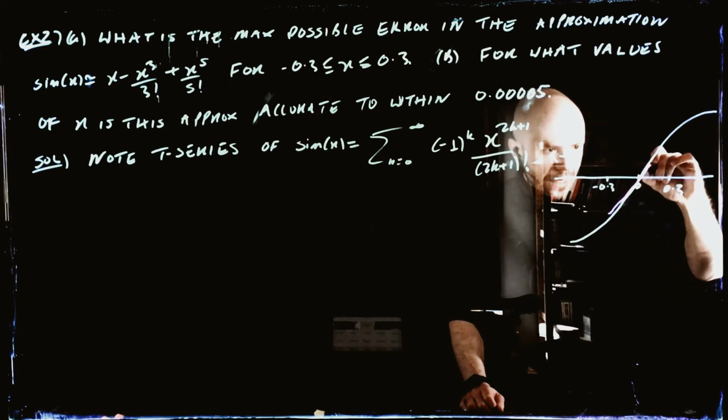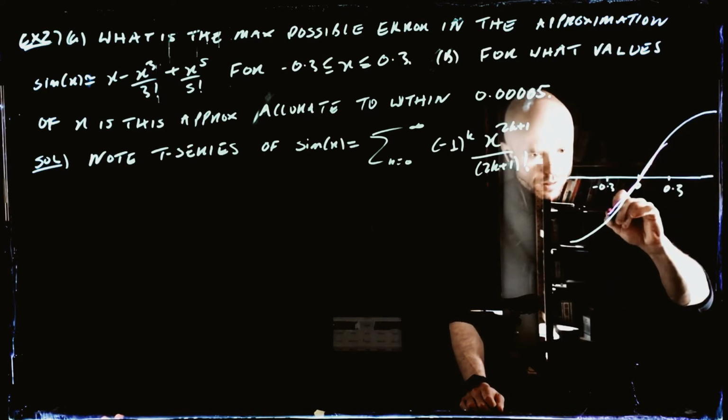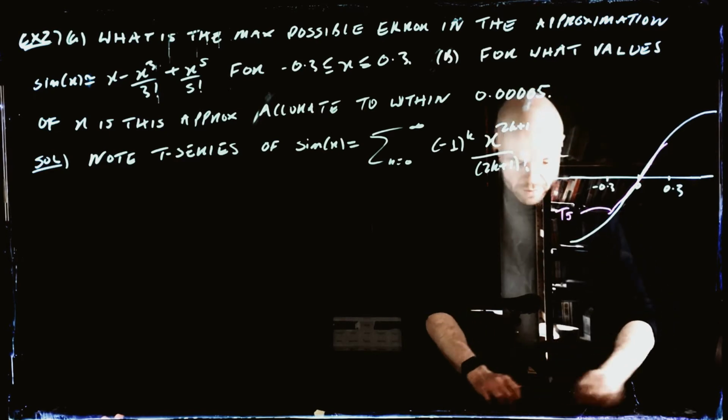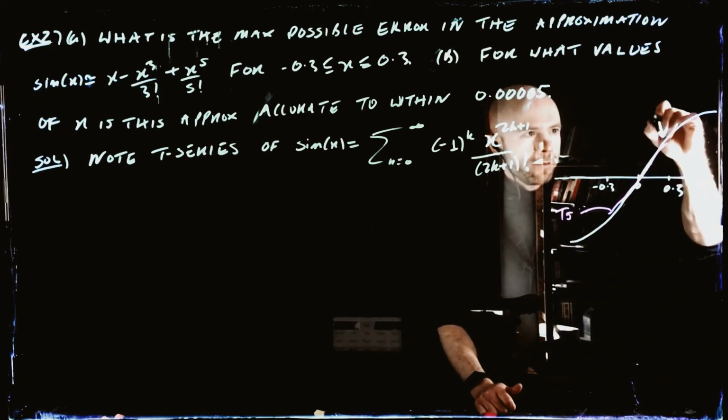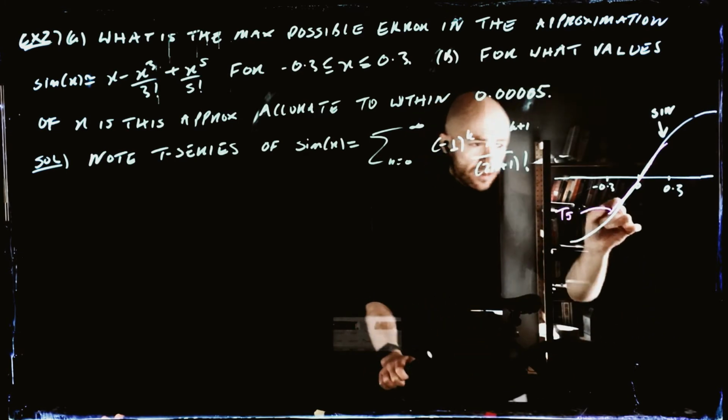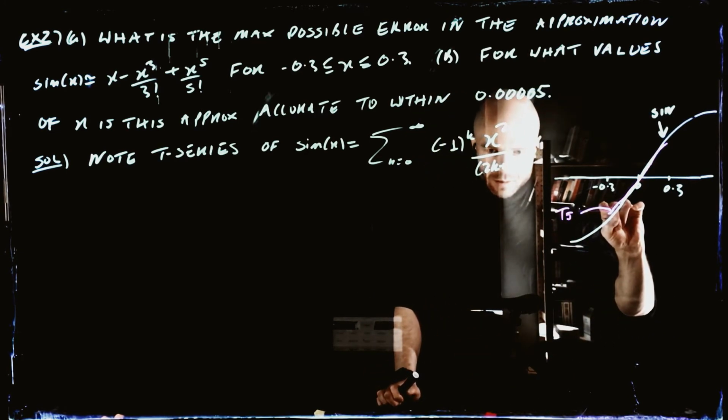Say, I don't really know exactly what it looks like, of course, but this represents it. So this is T5. And this thing here is sine. Okay. So it's asking us what's the gap between this polynomial and this function.